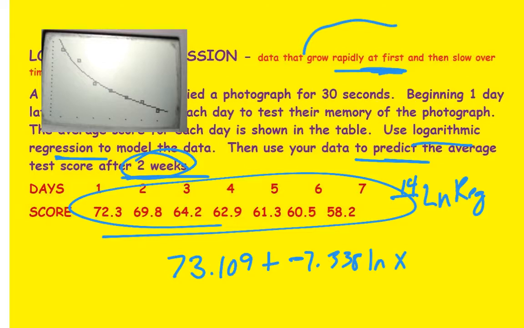And then I'm going to go ahead and calculate the value at 14. When I do that, I get 53.7. So my answer at 14 days, or 2 weeks, is 53.74. So 53.7%.